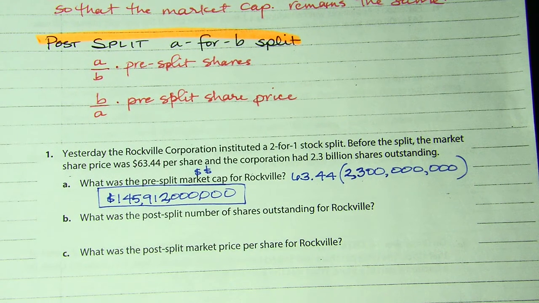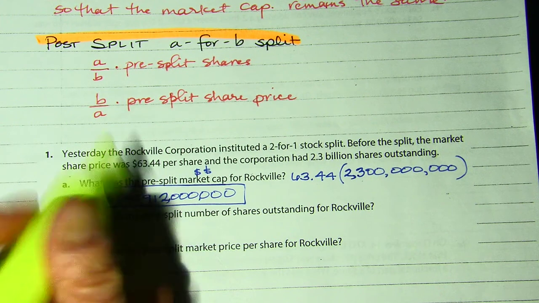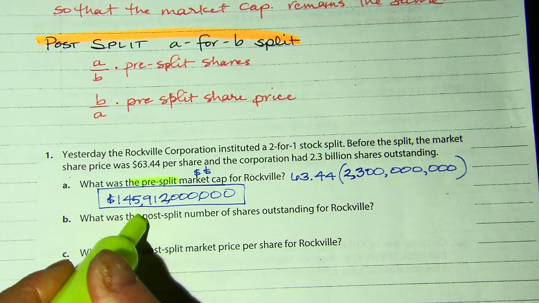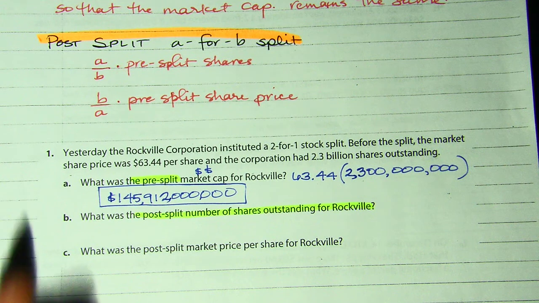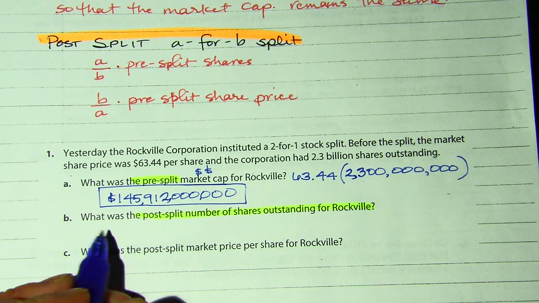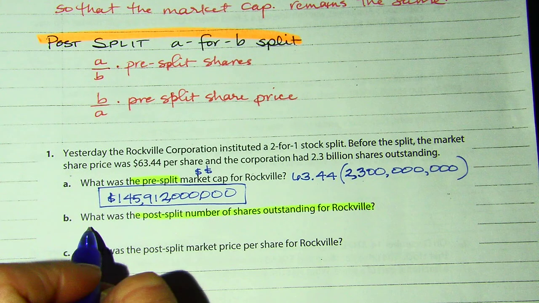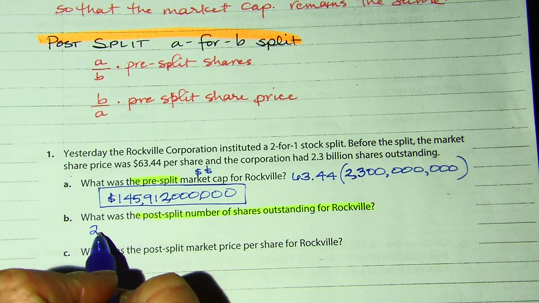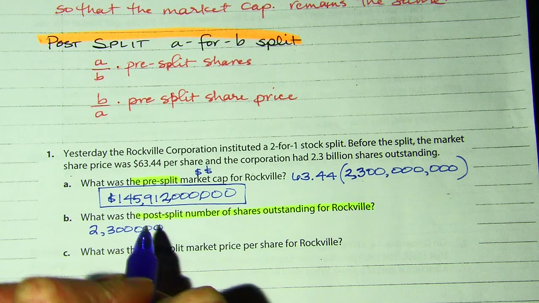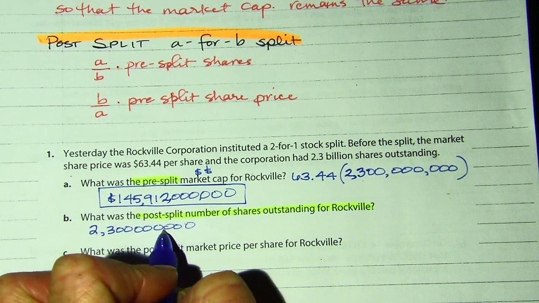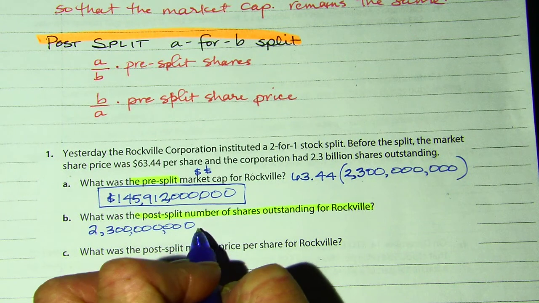What was the post-split? So in part A, they are asking for the pre-split value. What is the post-split number of shares? So I'm going to take my 2.3 billion shares, and I'm going to multiply that.